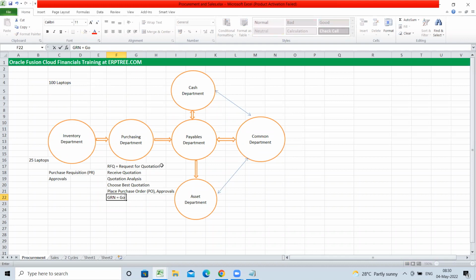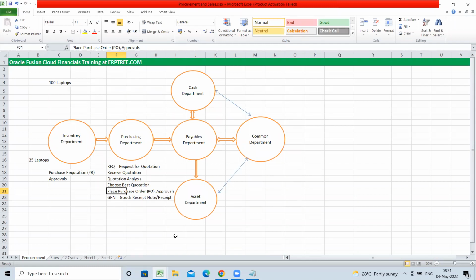Goods receipt note, or simply you can call it a receipt. Okay, you can say goods receipt note, or simply just receipt. So what do we record within this? When you place the purchase order, what information do we have to include?